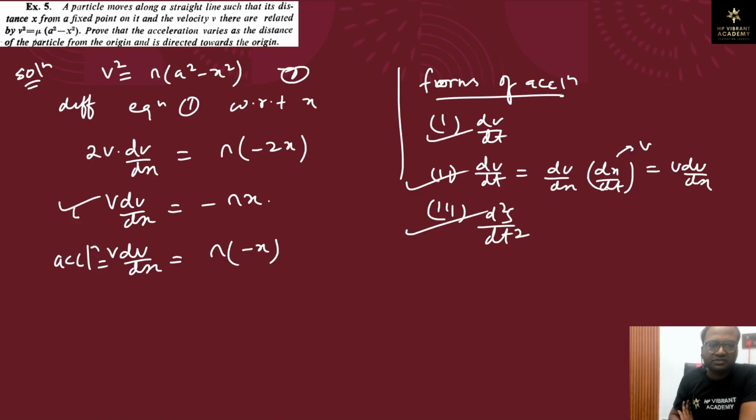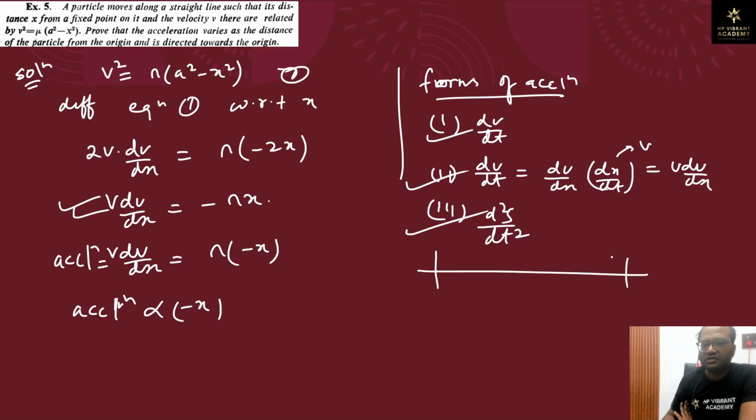So we have used the second form, v dv upon dx. So we have the acceleration is proportional to minus x. So this means acceleration varies as distance of this particle from origin. So we have considered the distance of this particle P from the origin as x. So the acceleration is proportional to minus of OP. OP is the distance of this particle from origin.